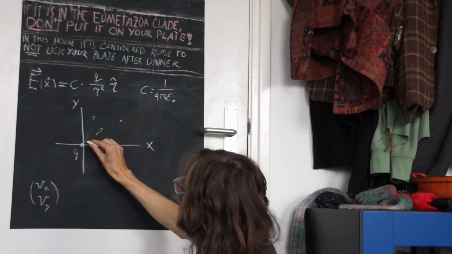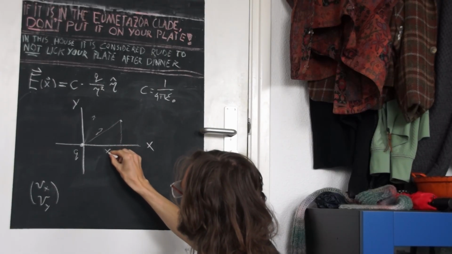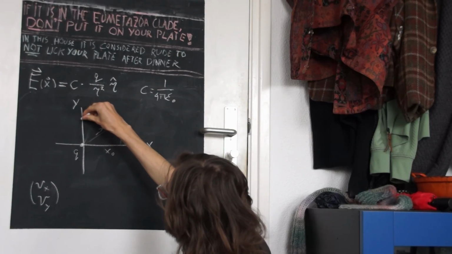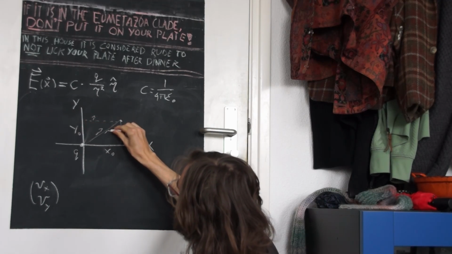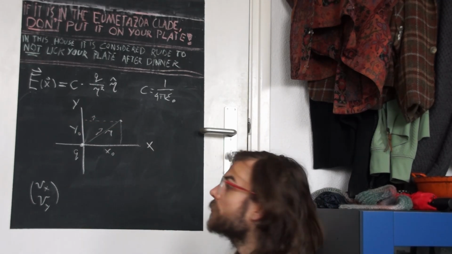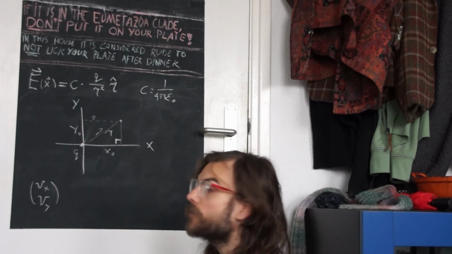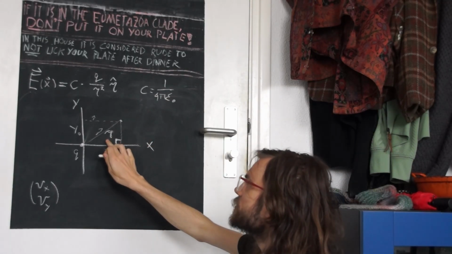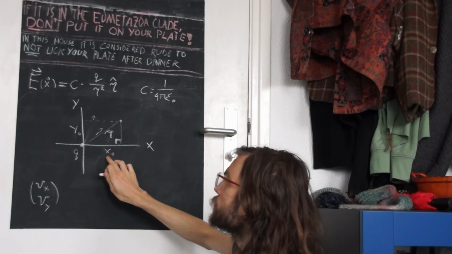So if we have this point here, and let's call this x naught, and this y naught, and this r, then we know from Pythagoras, since this is a right angle, that r squared equals y naught squared plus x naught squared.